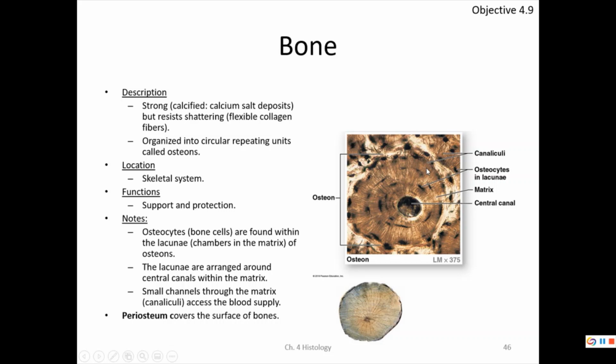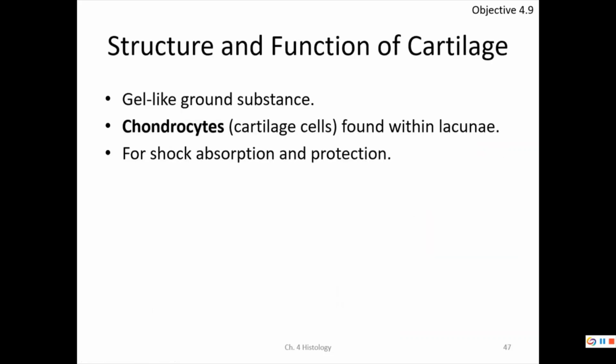So I could actually ask you to identify some of those structures of a bone histology, and it will be on there. There'll be one question where I may say name the tissue, but I may come back and ask, what is the name of this structure pointed to by the arrow? Be specific.